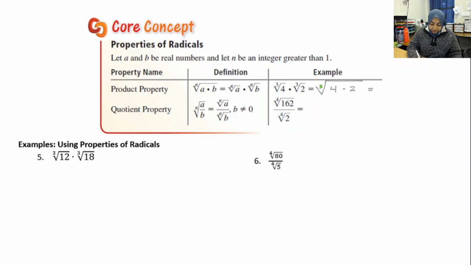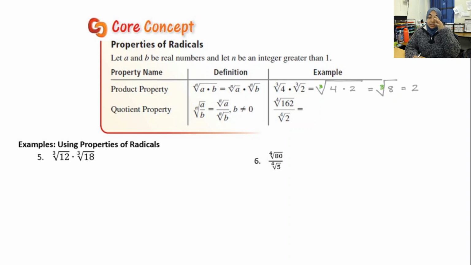I just have to be able to follow your line of thinking, which, of course, makes it the cube root of 8. And I know that the cube root of 8 is 2. Now, just like you need to know your perfect squares off the top of your head up to about 20, there's at least some perfect cubes that you need to know off the top of your head. I would highly recommend going up to 10.